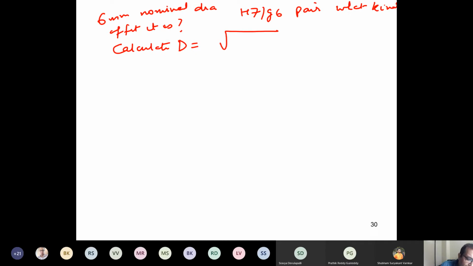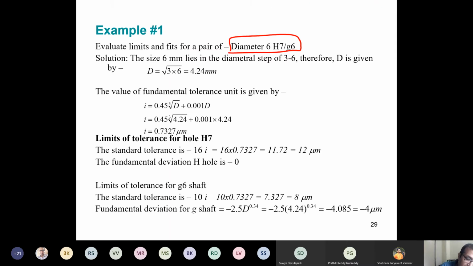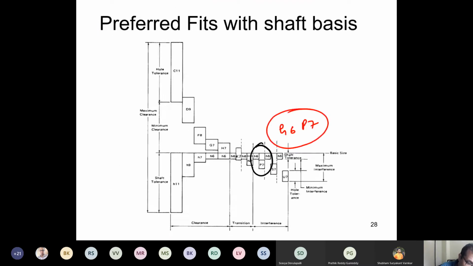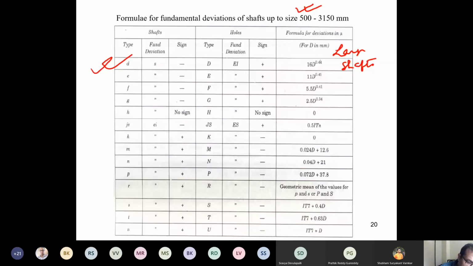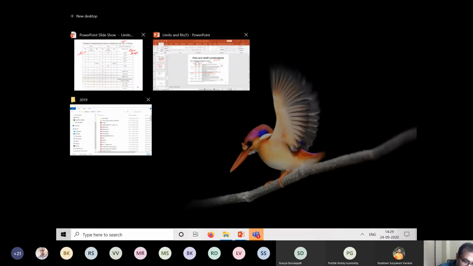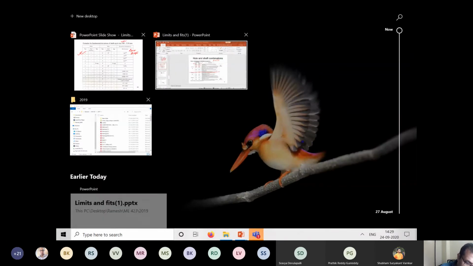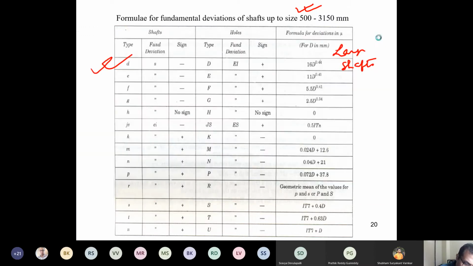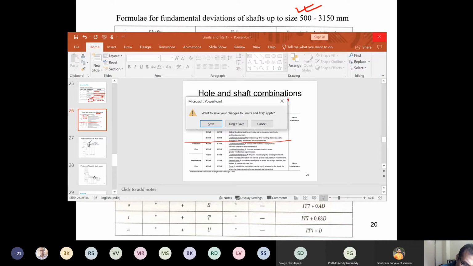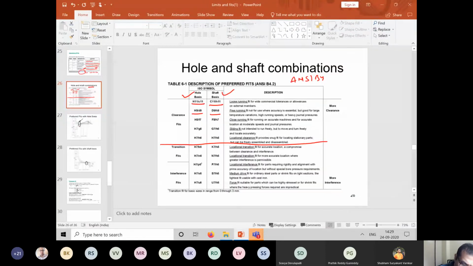So D, if you remember, 6 lies between what? 5 and 10, right? Actually, let me go ahead and see that. I did not look at it then. What are the diametral steps?